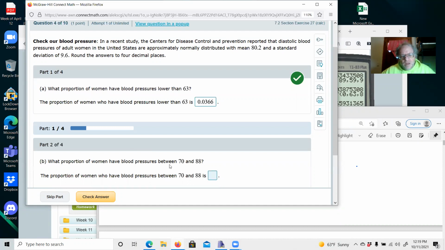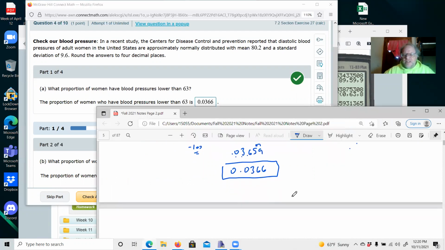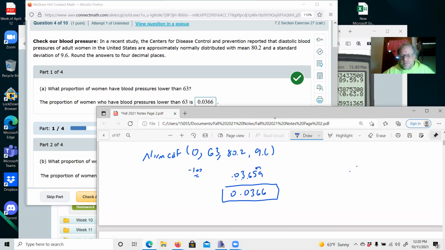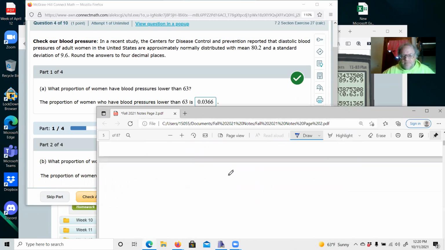How about between 70 and 88? These are pretty standard questions. So what's the probability that X is between 70 and 88? Norm CDF.